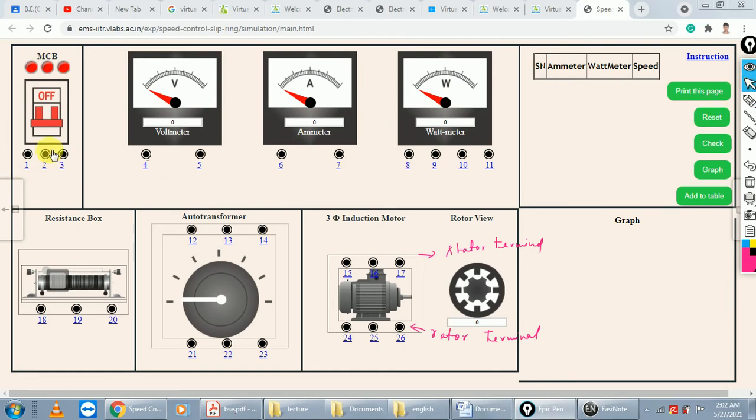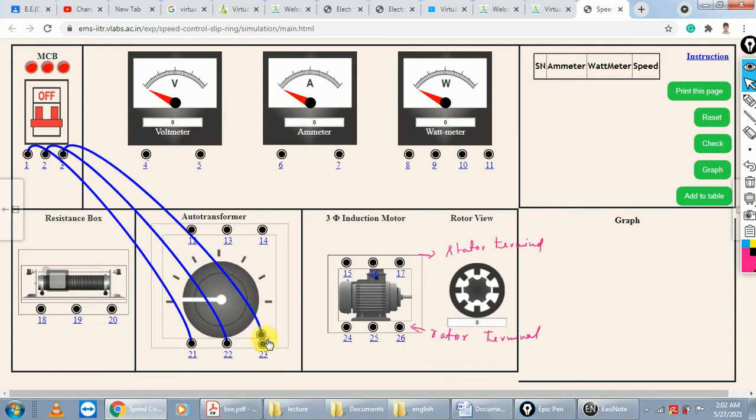First, this 1, 2, 3, suppose this is RYB. In this case 1 connects to 21, 2 connects to 22, and 3 connects to 23. So this is your RYB connected to this auto transformer.